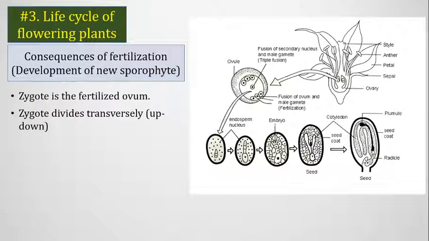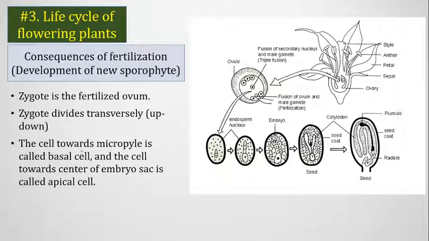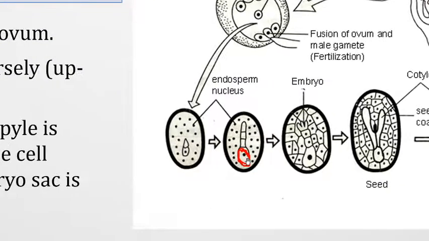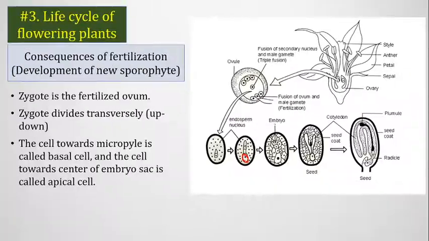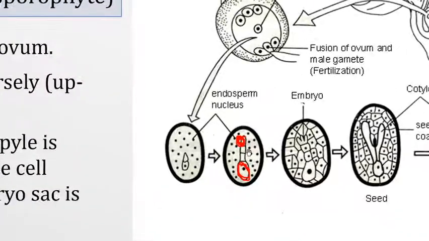Among these multicellular cells, the cell towards the micropyle at the bottom is called the basal cell, and the top cell is called the apical cell.